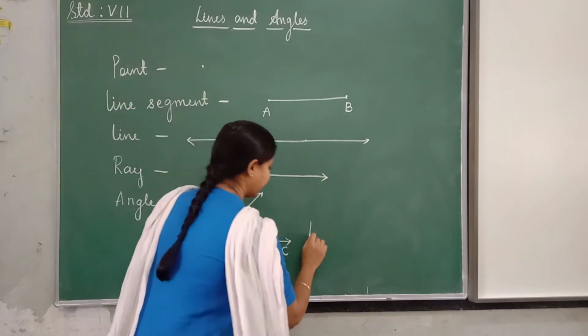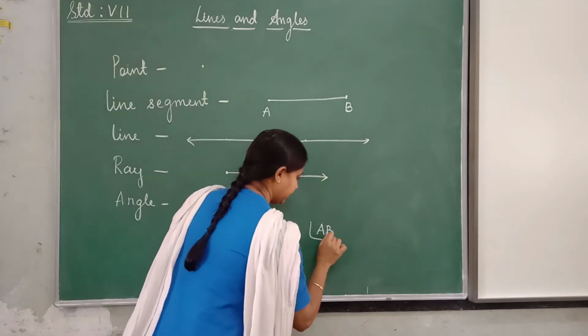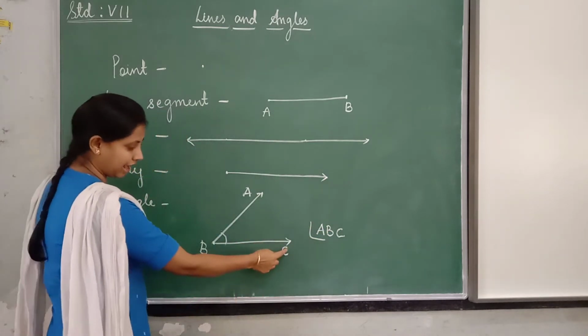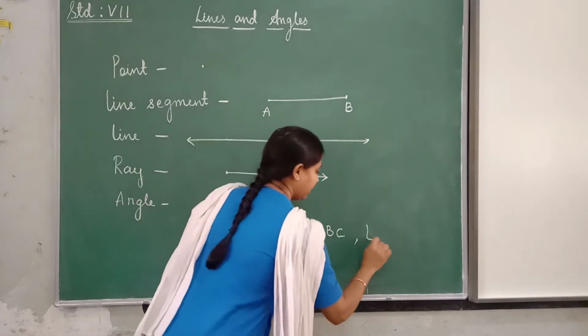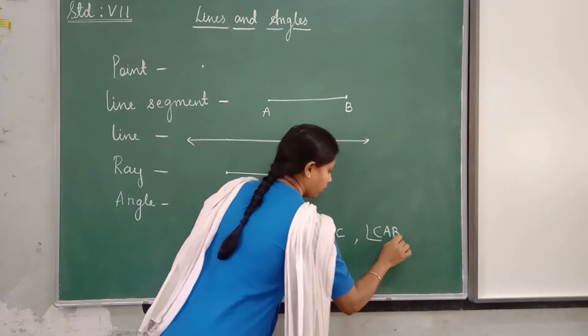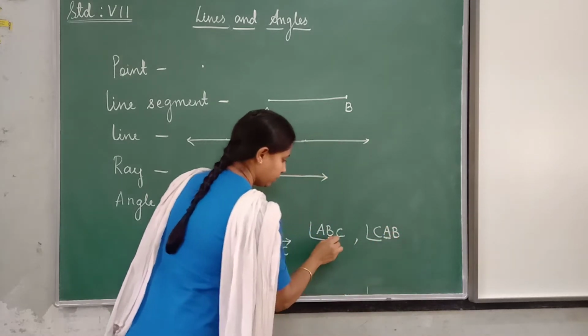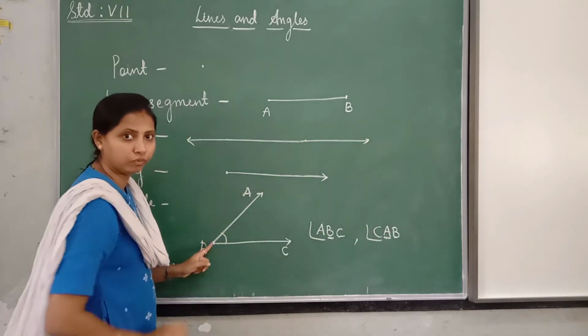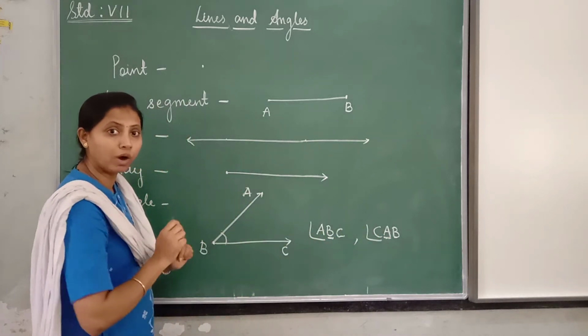So here it is angle ABC, written in this form. Angle ABC, or you can write it as angle CAB. Always the vertex should come in between while writing the name of the angle. Okay, now what is vertex?